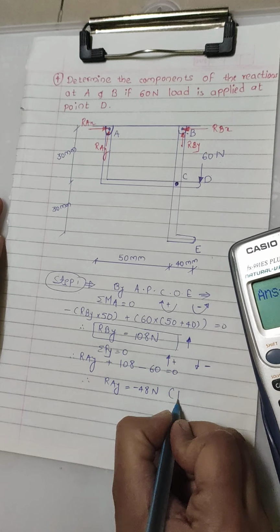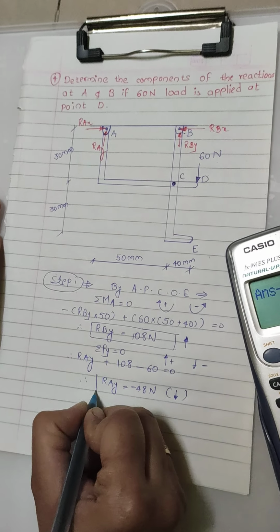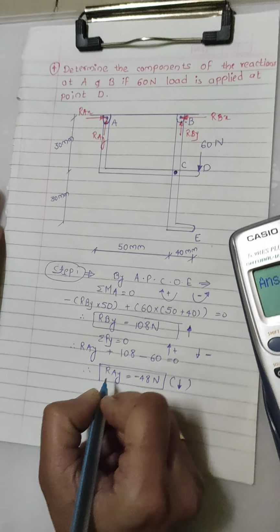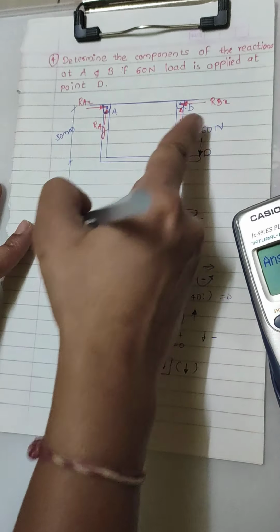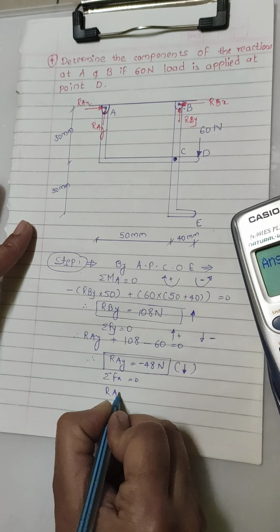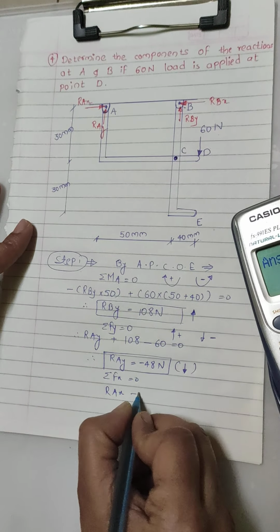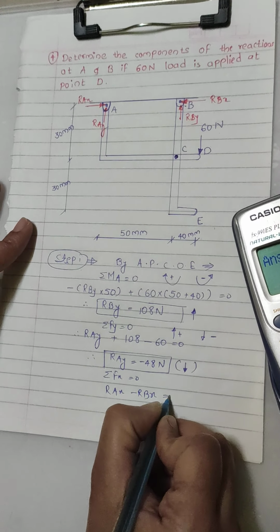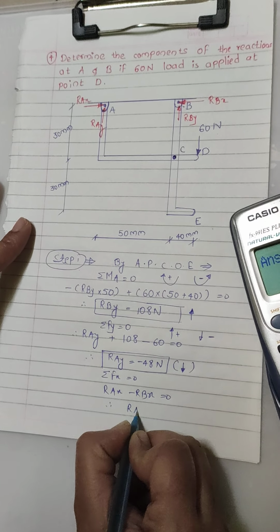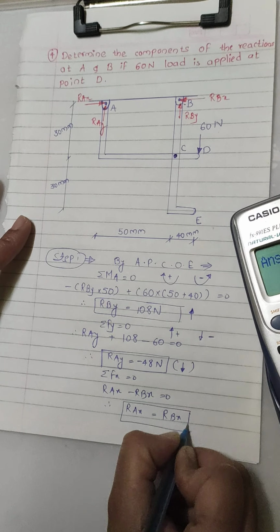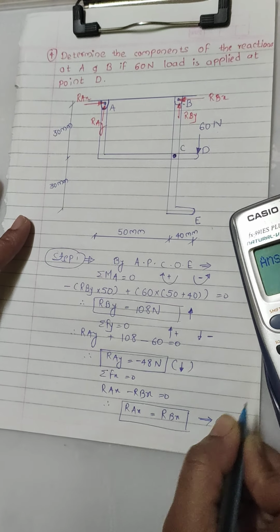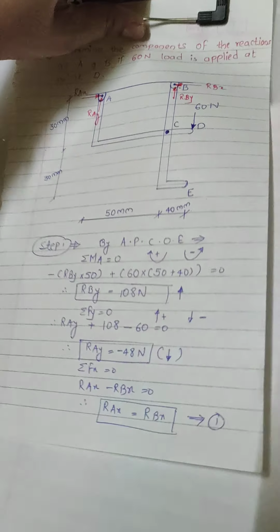Answer is minus, means assumption is wrong. It is acting in downward direction. Now going with summation Fx equals 0. RAX rightward, RBX leftward equals 0. Therefore I can say here RAX equals RBX, and I am marking it as equation 1.